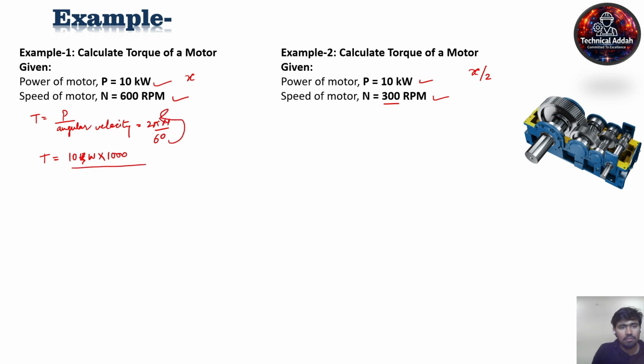This 60 will come in the upper side, into 60. 2 pi n means 2, the value of pi is 3.14, into n. N means 600. So what will be the value of the torque? It will be somewhere around 159 Newton meter.